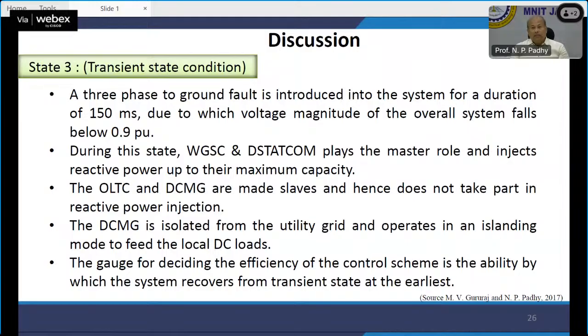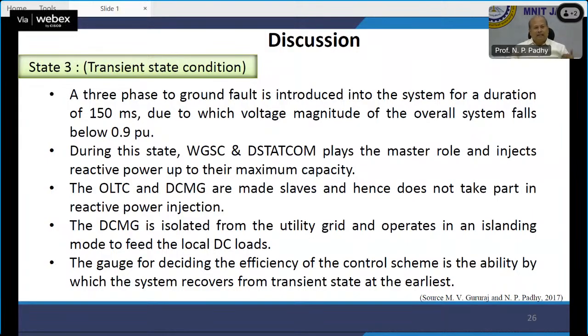So during this state, what will happen? Your wind grid converters and D-STATCOM play the master role and inject reactive power up to their maximum capacity. The OLTC and DC microgrid are made slaves and hence do not take part in the reactive power injection. So what is happening? You have to decide who is master and who is slave under what condition.